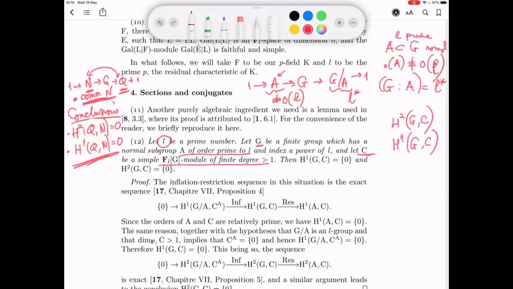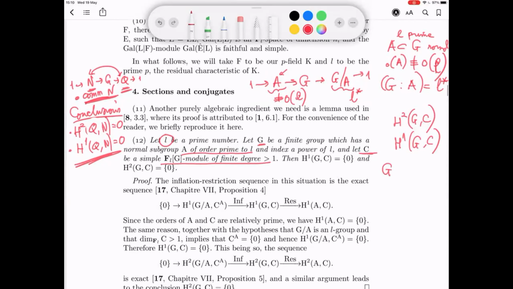So you see, I'll have some group G. I have a group G and I have an F_L G module C, which is irreducible or simple, right?